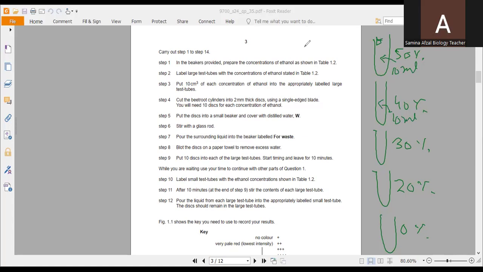In test tube number 1, you will add 10 ml of 50%, in 2, 10 ml of 40%, in 3, 10 ml of 30% ethanol solution, in 4, 10 ml of 20%, and 10 ml of 0% into test tube 5. So in this way, you will set 5 large test tubes.